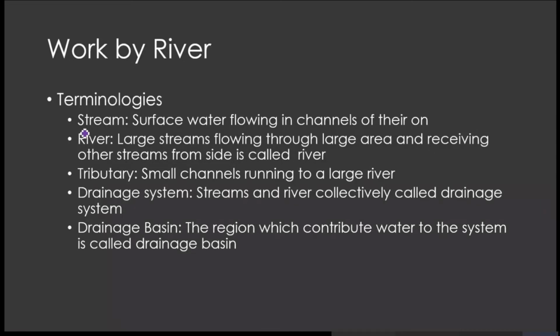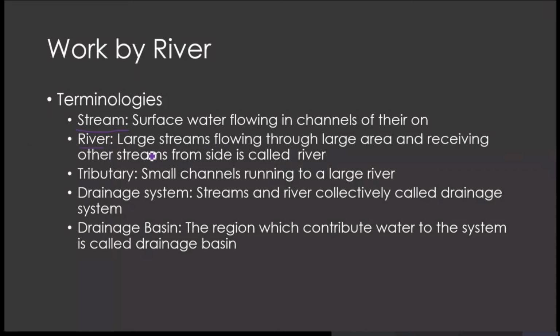Okay, so this is the longitudinal profile, and now I'm talking about some of the terminologies associated with a river. A stream is surface water flowing in a channel of its own. There are well-defined channels. The river has established a channel, and that is called a stream. So what is a river?